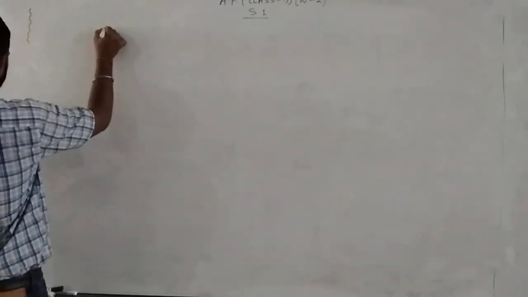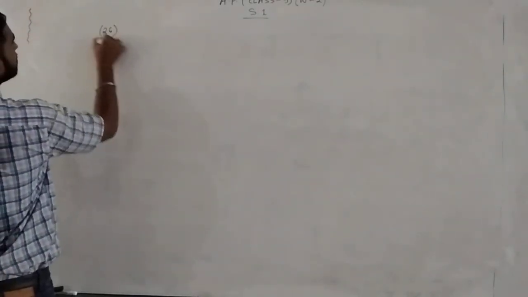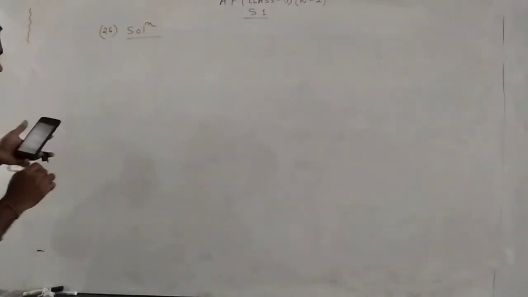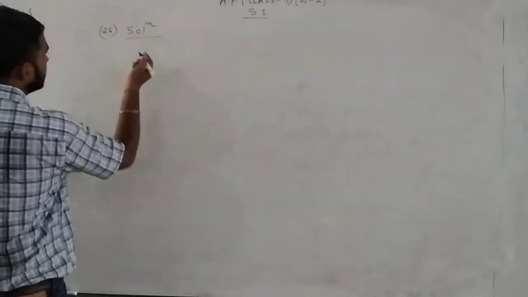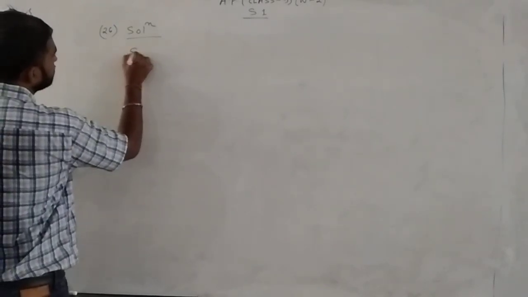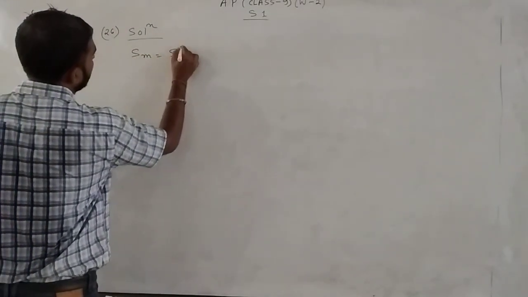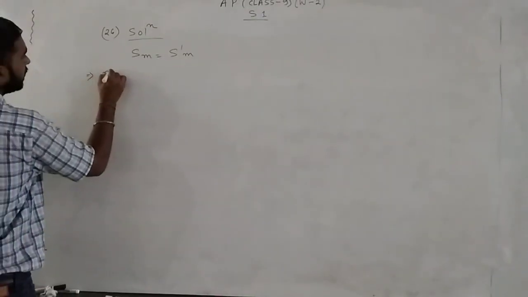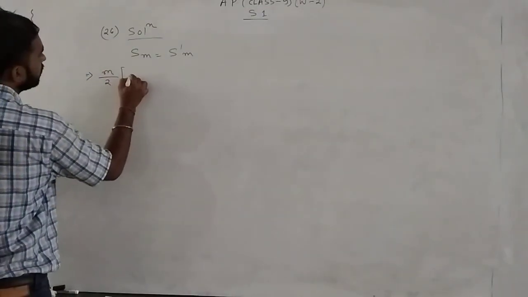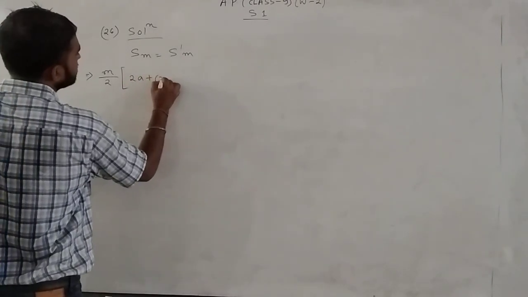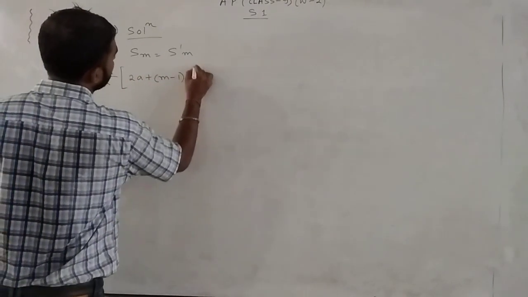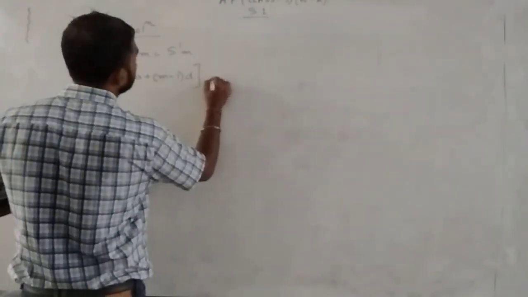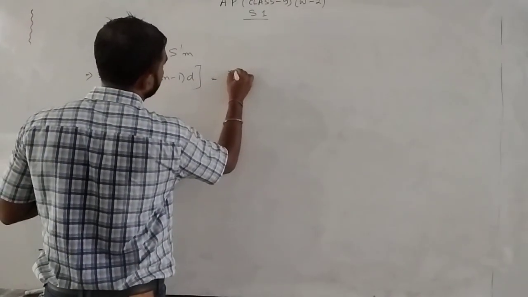Now 26 solution. Question is S m equal to S dash m. Now S m formula, m by 2 twice A plus m minus 1 D. Yes, and then S dash m equal to, both represent m terms.